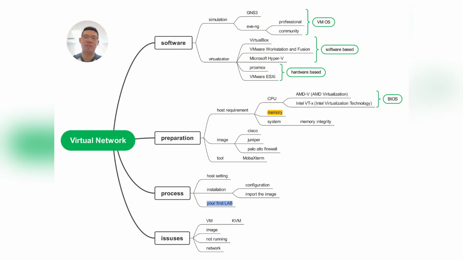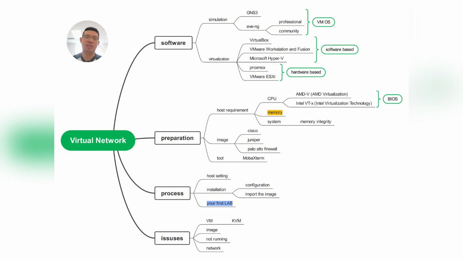These are all VM operating systems. Next is about virtualization. We have many different options we can use: VirtualBox, VMware, and Microsoft Hyper-V. These three are software-based, which means they can be installed in your Windows system, and then you can install GNS3 and EVE-NG on that VirtualBox or VMware.